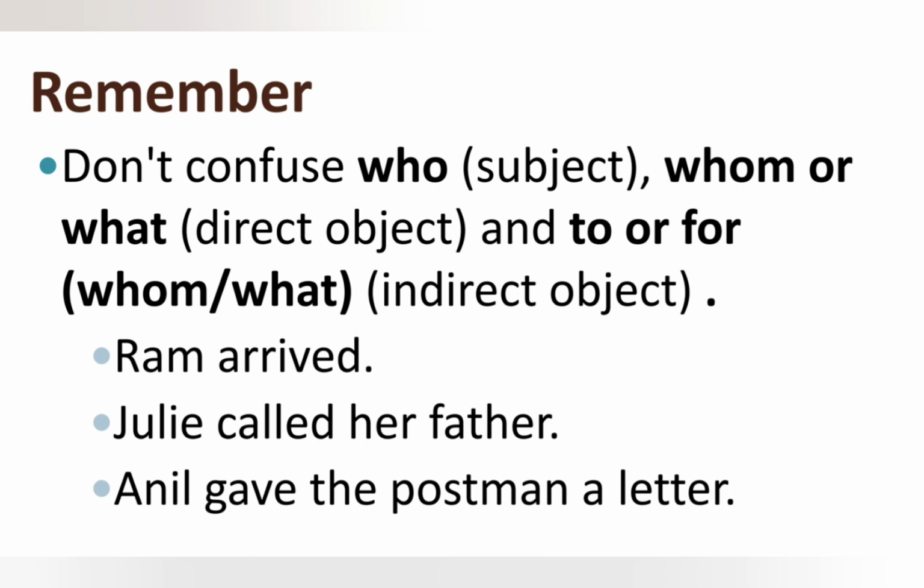When we ask whom or what to the verb, we get the direct object. Asking to whom or to what or for whom or for what, we get the indirect object.